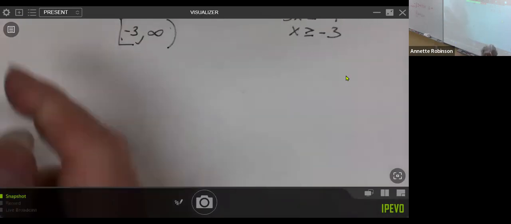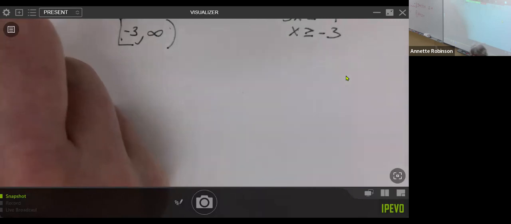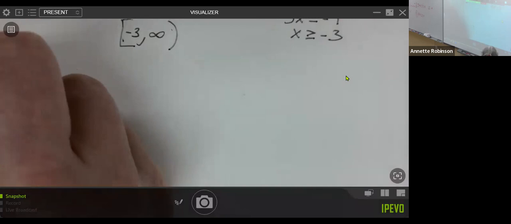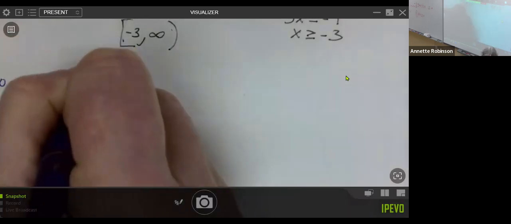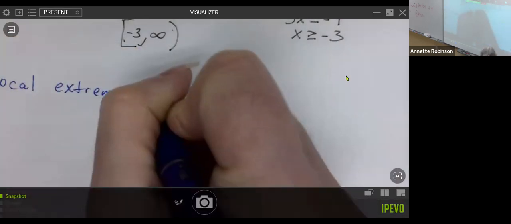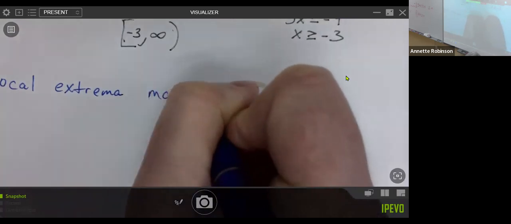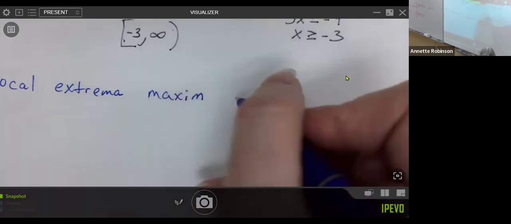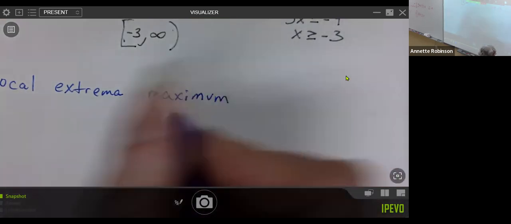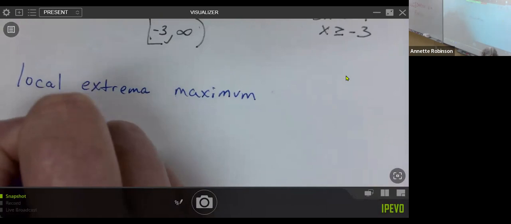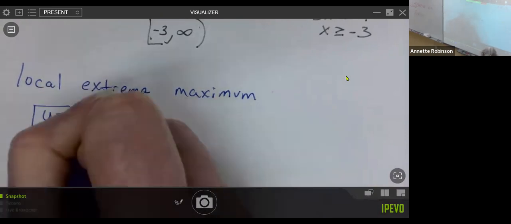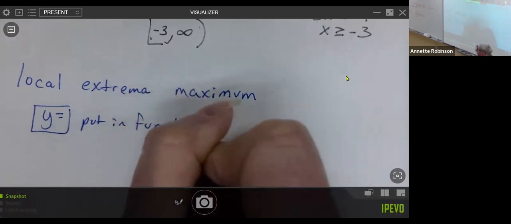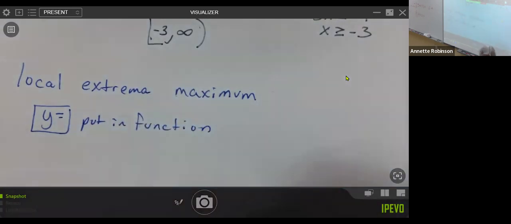Okay. So the steps to finding a local extrema, in the maximum case. Step 1: hit Y equals and put in the function.